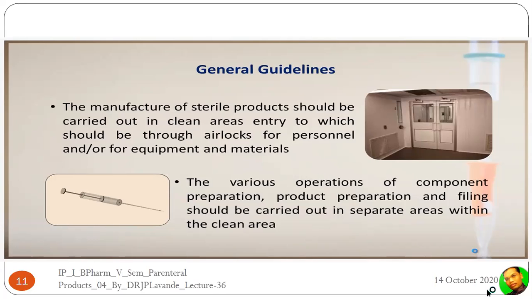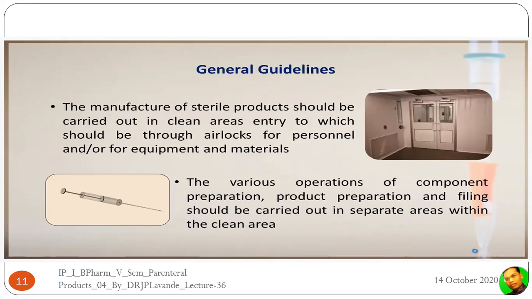What does it mean that the entry should be an airlock? Whether it is personnel, material or equipment, once someone has entered, it should be locked, and there should be a double door lock system.